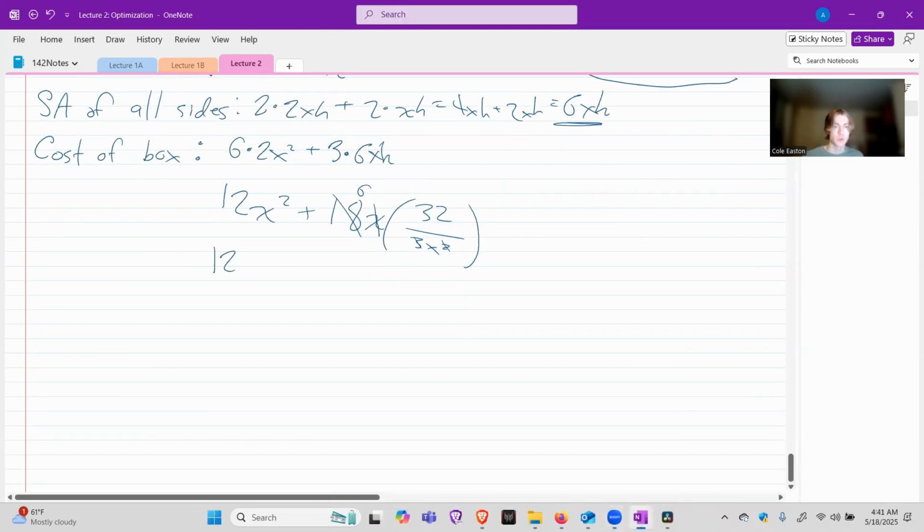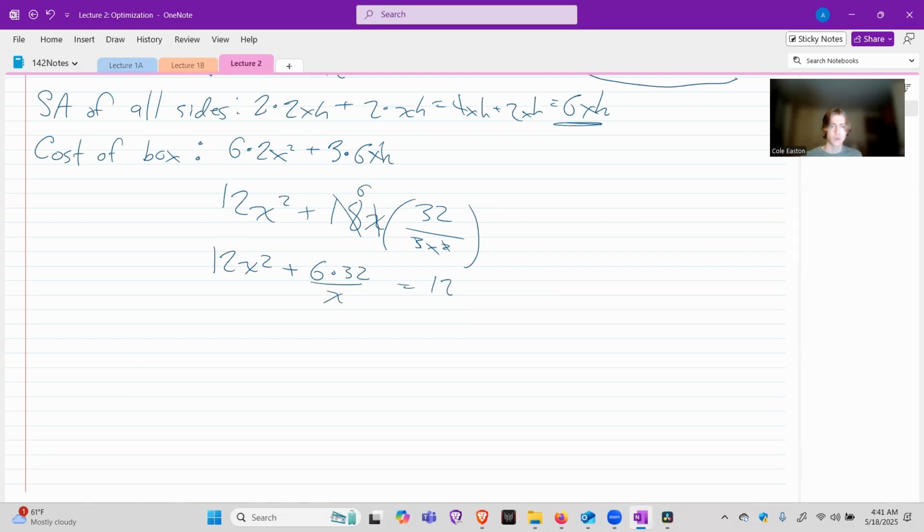So now we have 12x squared plus 6 times 32 over x, which is 12x squared plus 192 over x. And so that's our cost function. So let's actually write that over here. Let's use a variable c to represent our cost.